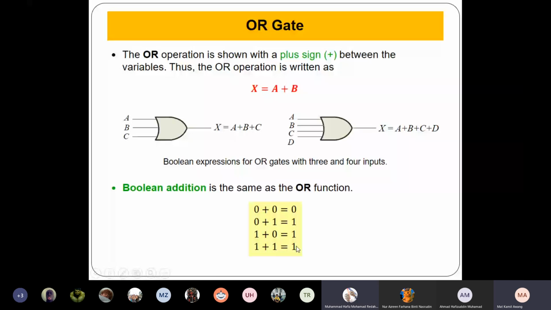So 1 plus 1 is not 2. It's 1 plus 1 is 1 in Boolean addition or in bits addition.